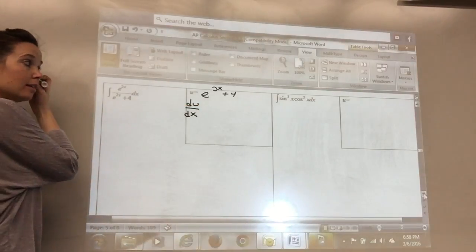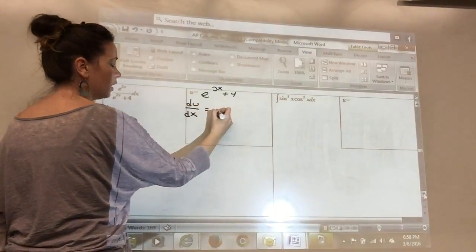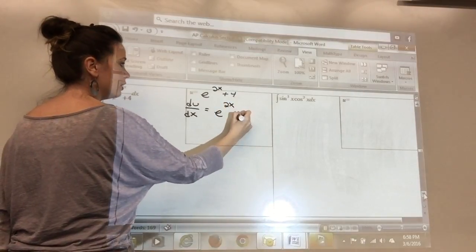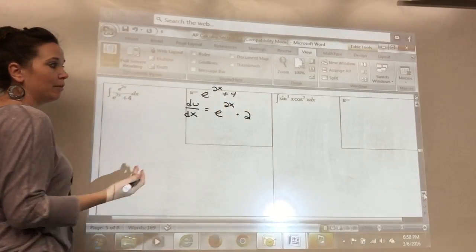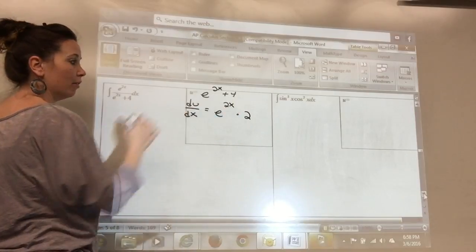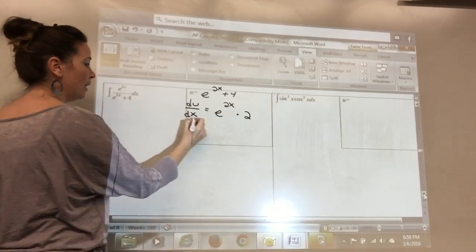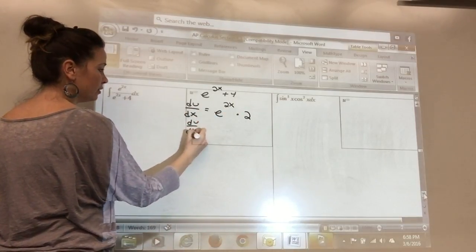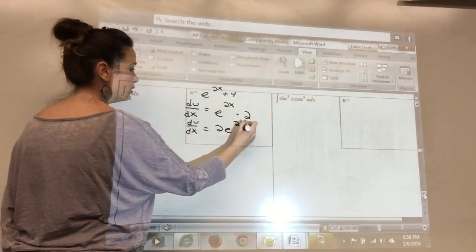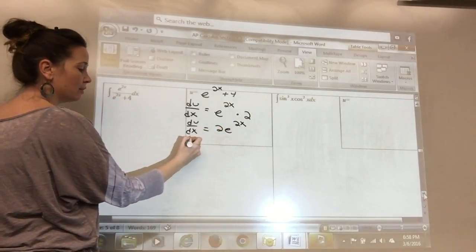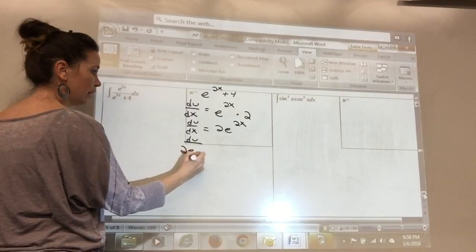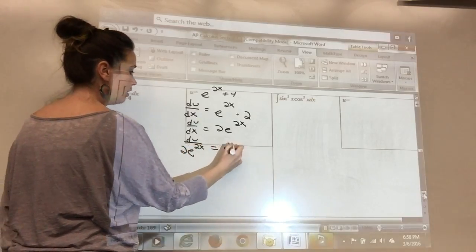Du dx is equal to, again, e to the 2x times 2. So it's the same derivative because the derivative of the 4 turns to a 0. So du dx equals 2e to the 2x, which makes du over 2e to the 2x equal dx.